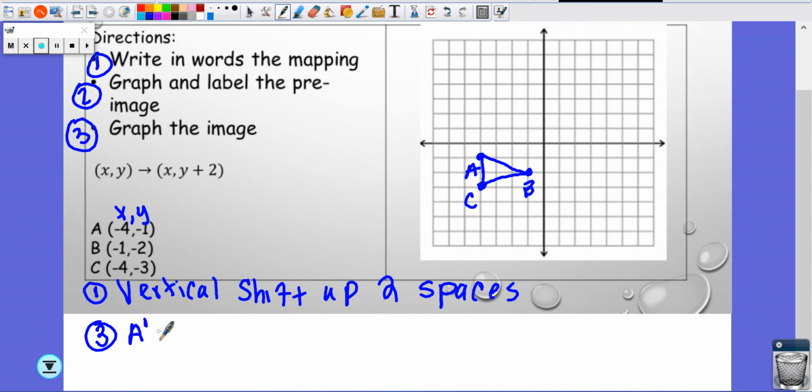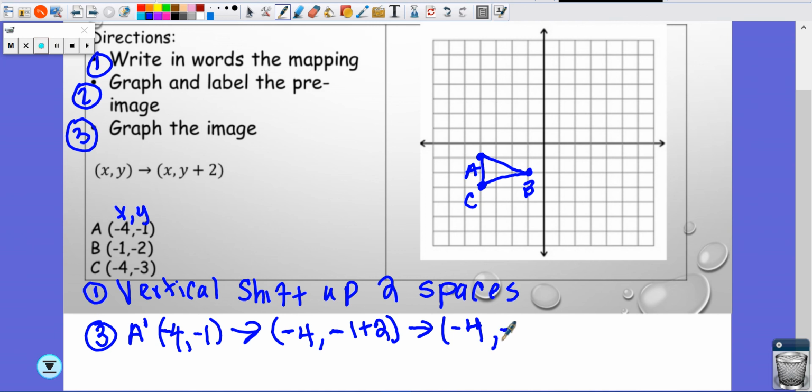All right, so that means I need to change this -4, -1, map that to keep the -4, and then the -1 plus 2, and then that maps to -4, -1. And if you messed up your negative and positive numbers, then grab your calculator. -1 plus 2 is a 1. So that means A prime is this value right here. So my A prime is this after I do the math.